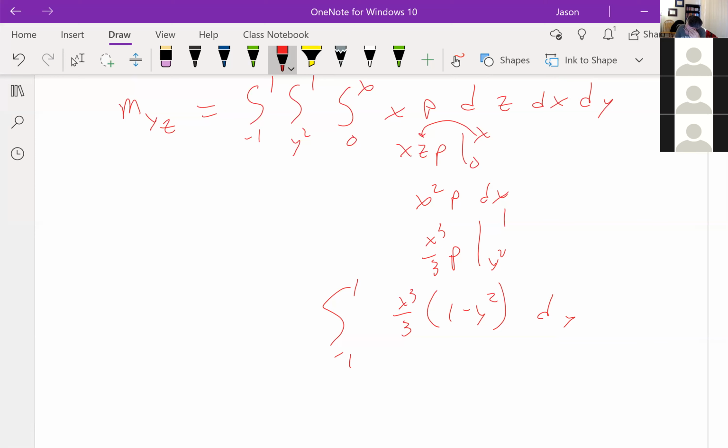Nope, that's right. And then, oh no, I did screw up. Okay, this is 1 cubed minus 1 cubed over 3. I'm going to put the rho on the front. Minus y cubed, y squared cubed over 3. There, that's why I messed up.